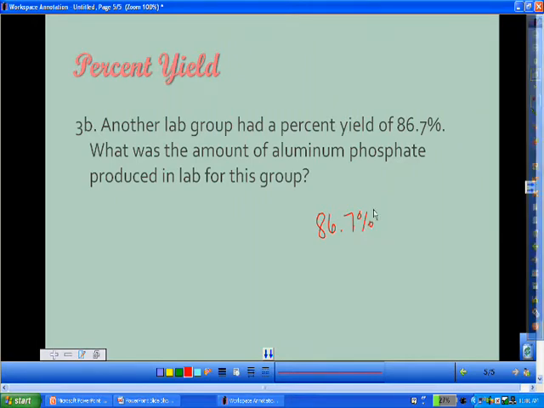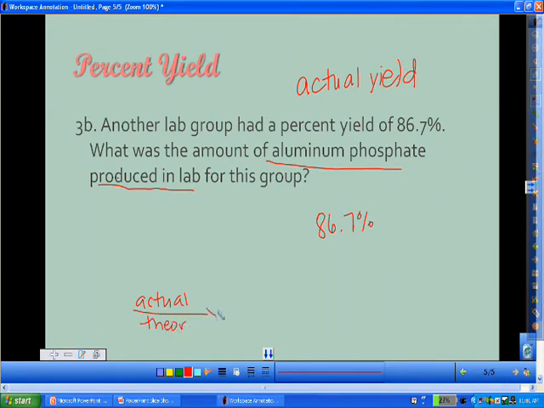And so given what we know about the reaction, we want to know what was the amount of aluminum phosphate produced in lab for this group. And so when we see this aluminum phosphate that's produced in lab, we know that we're looking for our actual yield. That is what we want to find. And so given our equation, actual yield divided by theoretical multiplied by 100 equals our percent, we should be able to plug in some of these values that we've been given and solve for the actual yield.